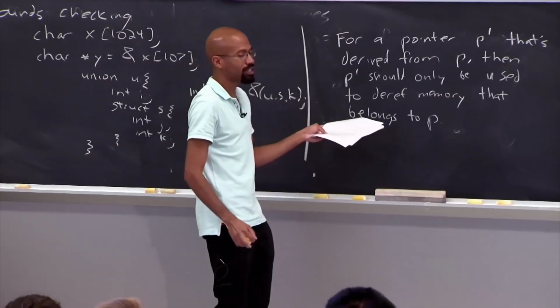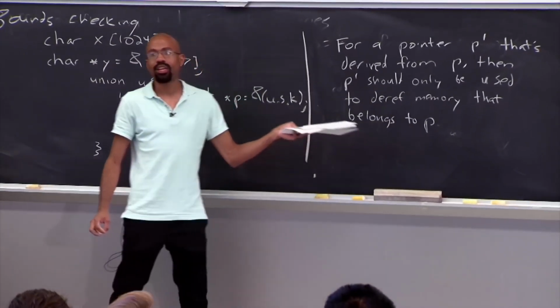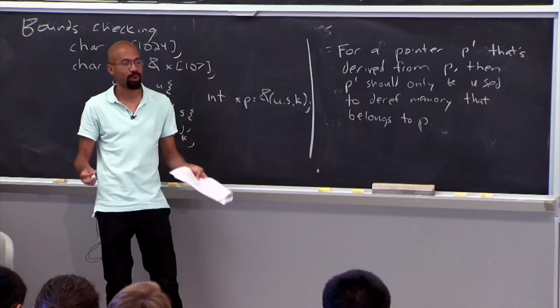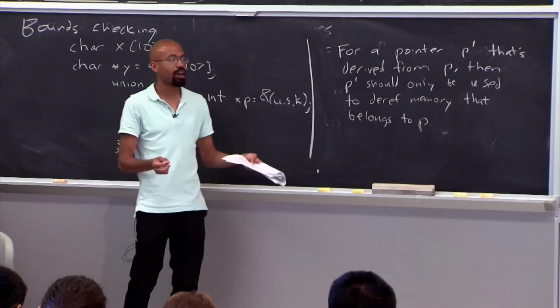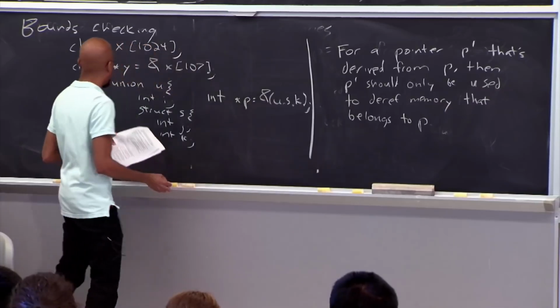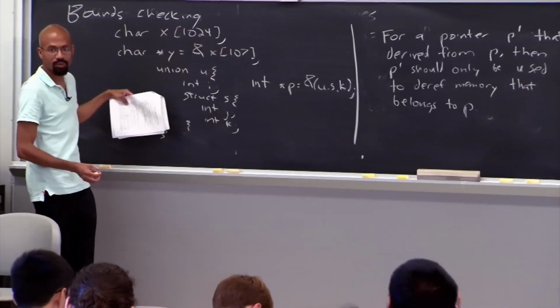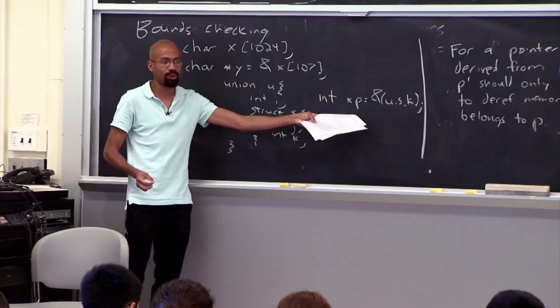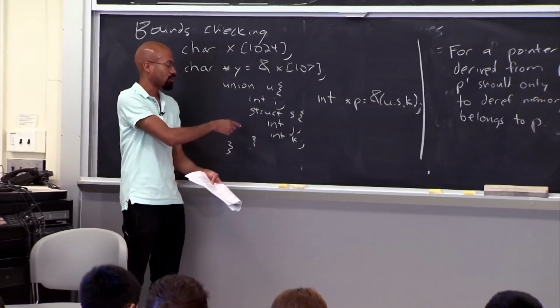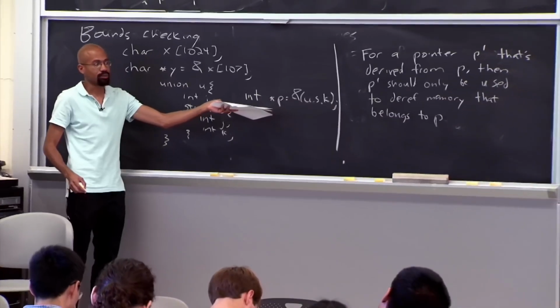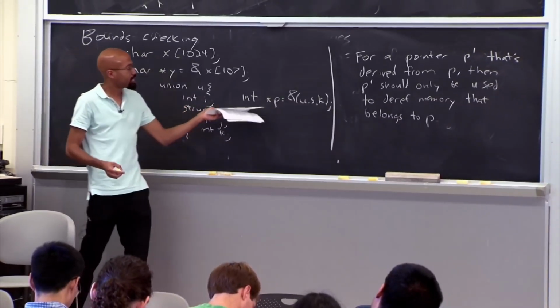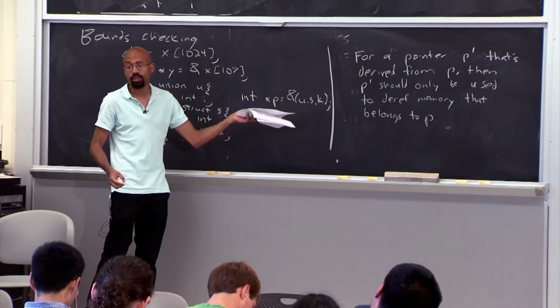Note that this is a weaker goal than enforcing completely correct pointer semantics, right? Because, for example, you could still have weird issues like with this union here. Maybe at this particular point in the program, it wasn't correct for the program to reference that particular value in the union. But at least this pointer reference is in bounds, right?